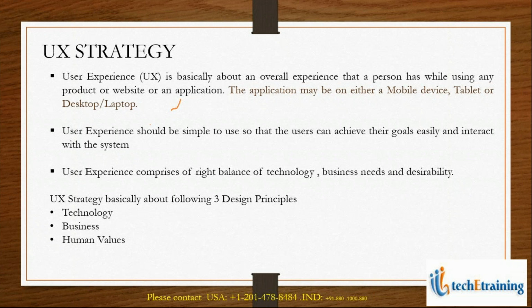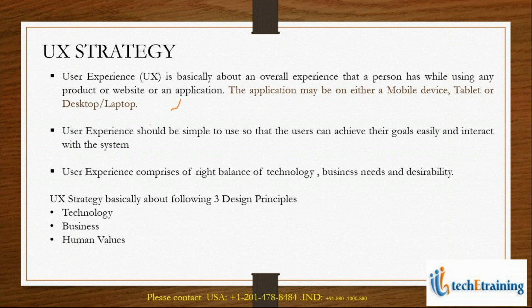And then the values: you need to place human values in your user experience. Only then will you achieve the particular user experience. So user experience is generally designed with three principles: what technology we are using, how we simplify the business, and how we provide human values in the user experience. That comes into the user experience strategy.